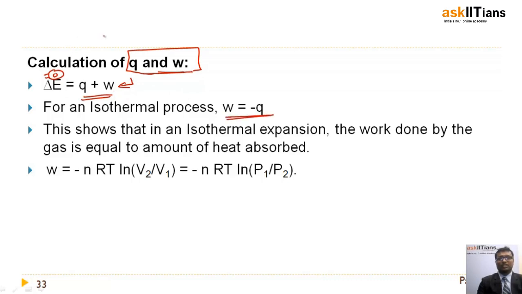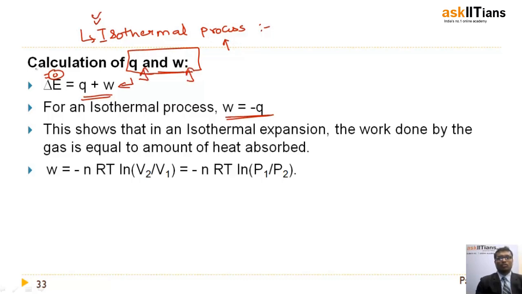Friends, this is the calculation of Q and W for only the isothermal process, right? And remember, friends, it is not given whether expansion or compression is taking place. It is just given that it is an isothermal process and we will calculate Q and W accordingly.